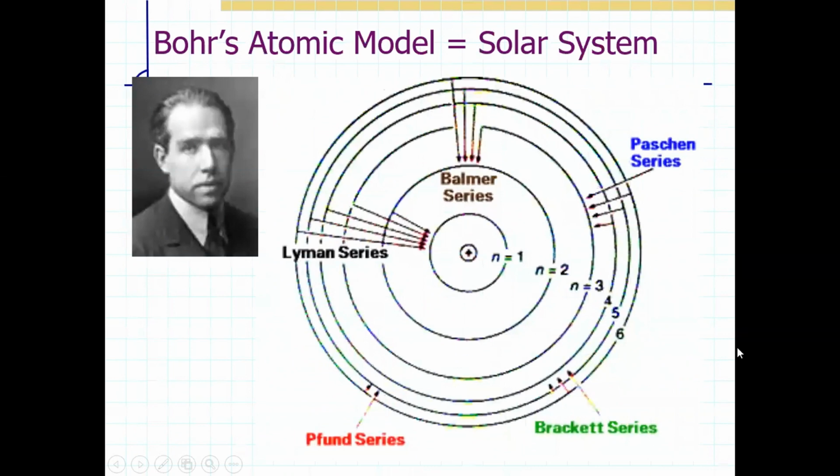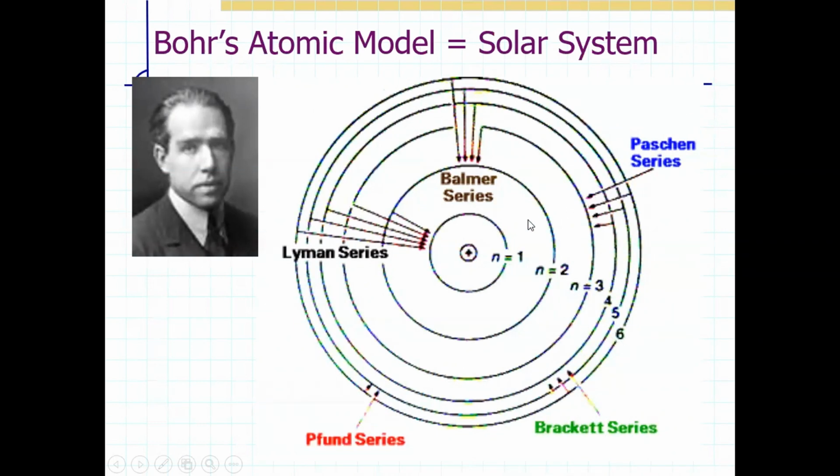So Bohr's atomic model had a similarity to the solar system. It had a central nucleus, and the electrons revolving around the nucleus: the ground state, the first excited state, and the second excited state, n equal to 1, n equal to 2, and so on, are given.